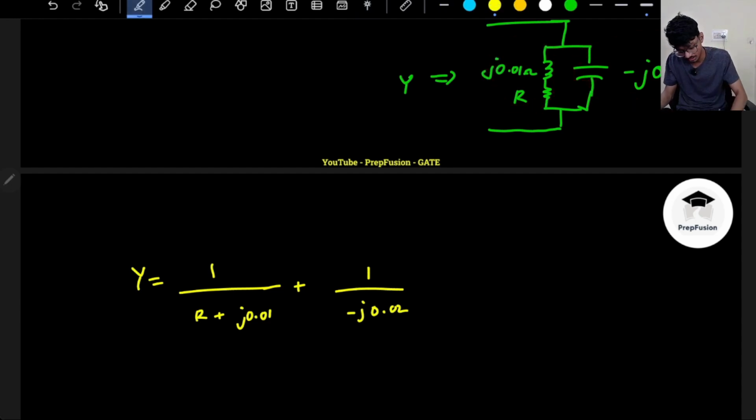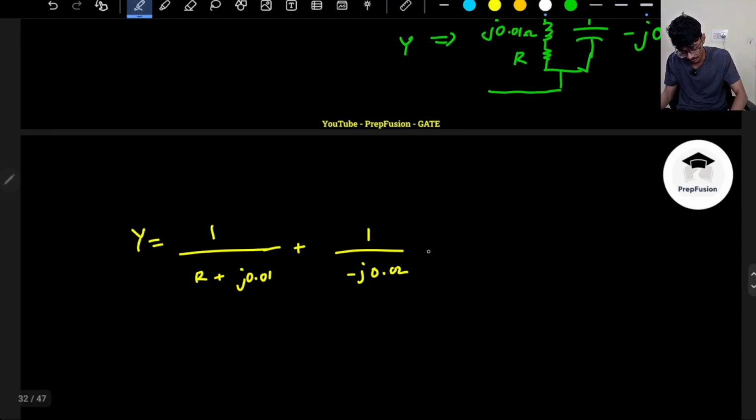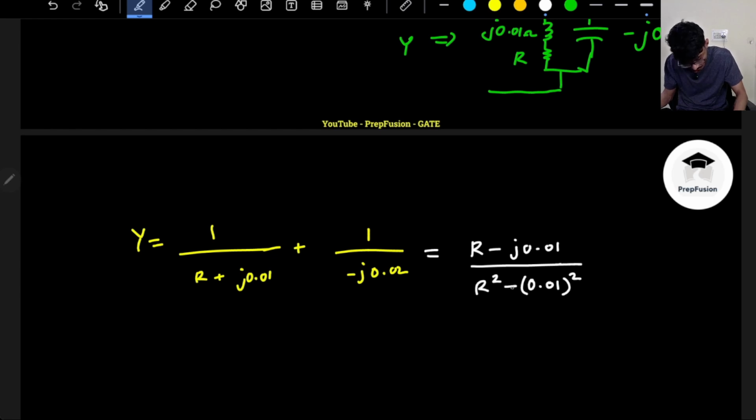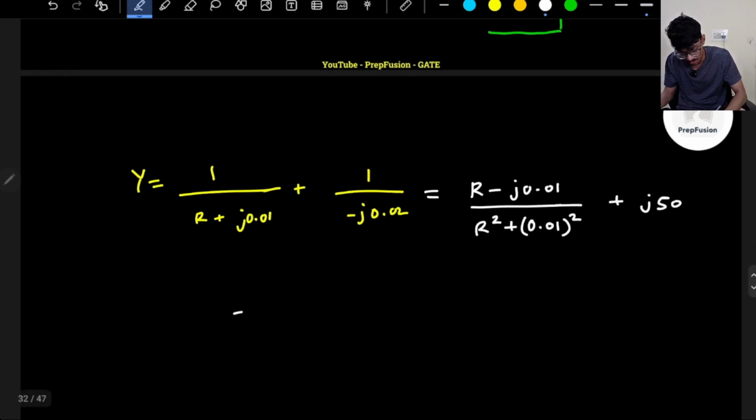If I simplify this, it comes out to be (R minus j 0.01) divided by (R square plus 0.01 whole square), plus j 50.